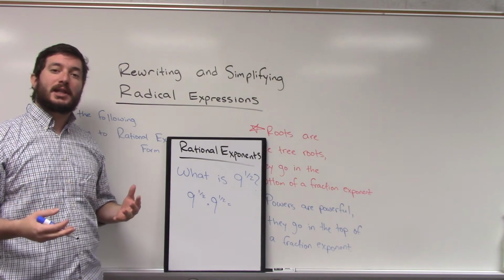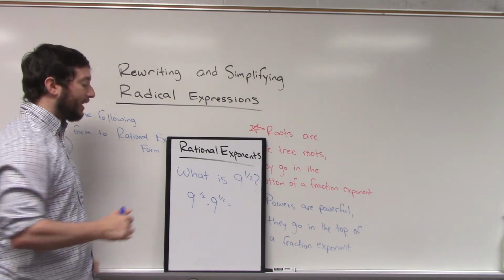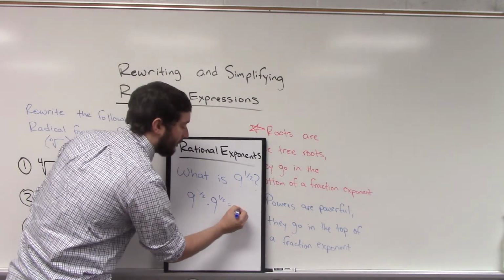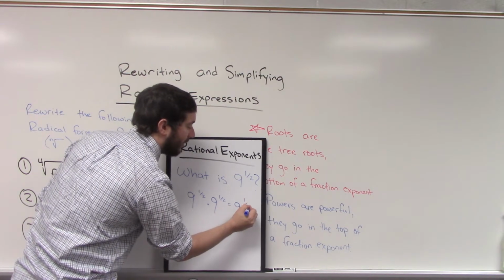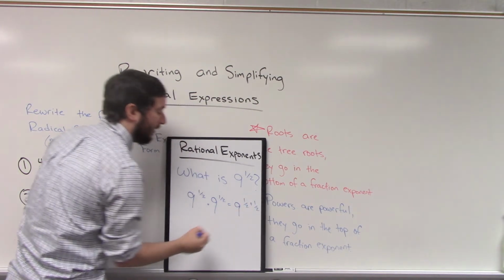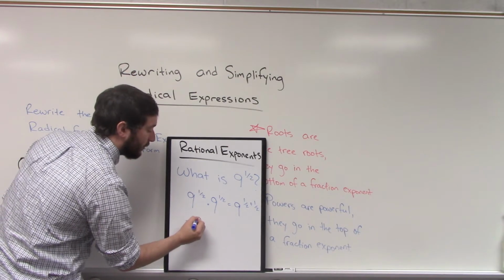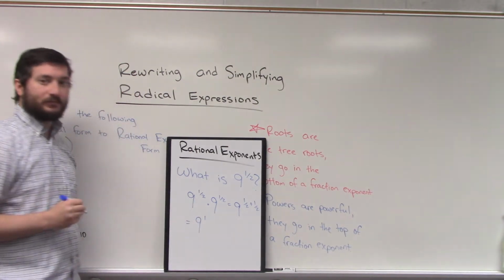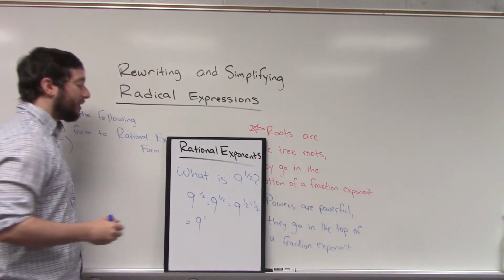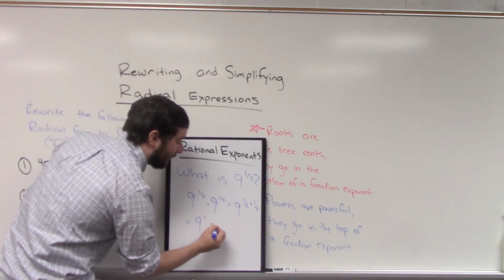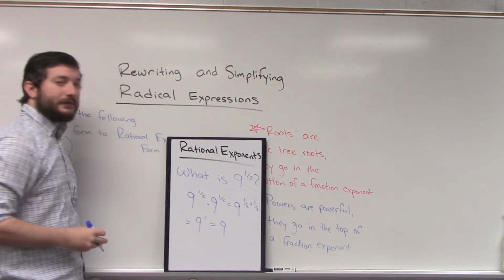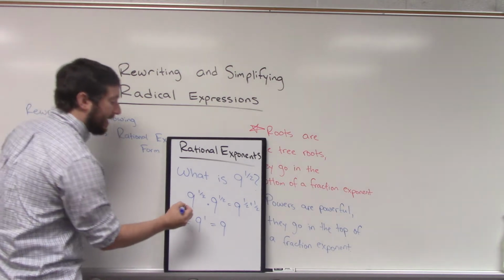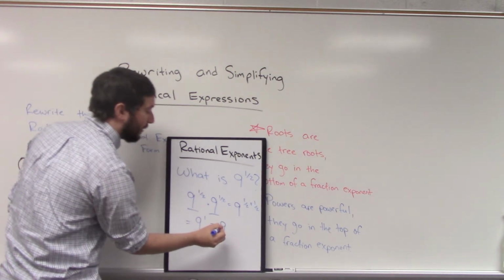The product rule says that when that happens, we can add these two exponents. 1/2 plus 1/2 equals 1, right? And since we know that anything to the first power is itself, what we've just shown is that these two numbers multiplied to give 9.